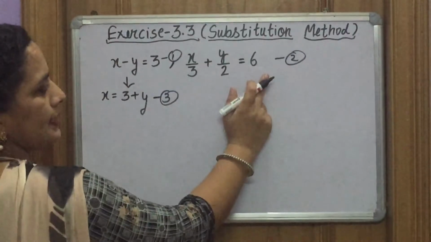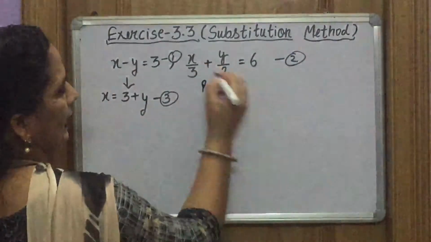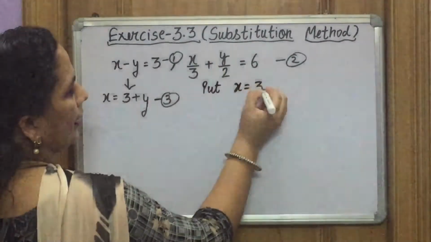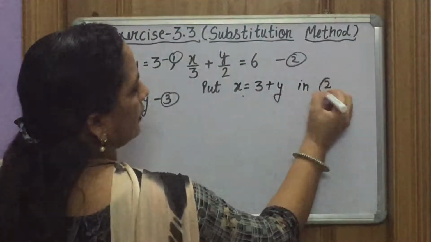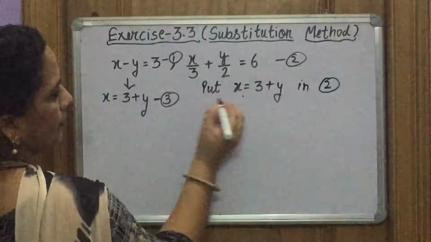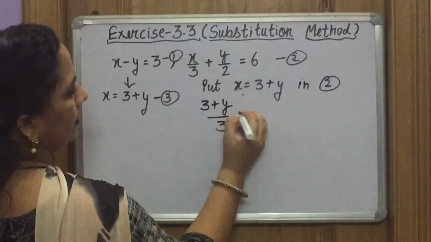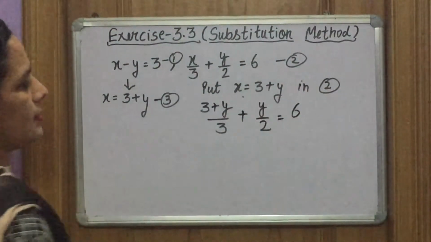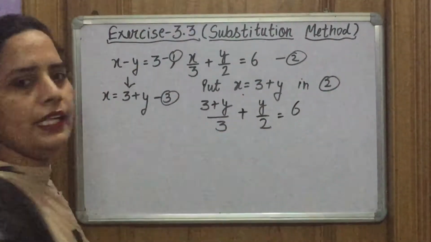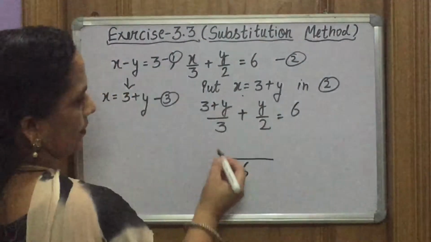So in the second equation, when we replace x by 3 plus y, then we get (3 plus y) over 2 plus y over 3 is equal to 6. Now take the LCM of these terms. LCM will be 6.